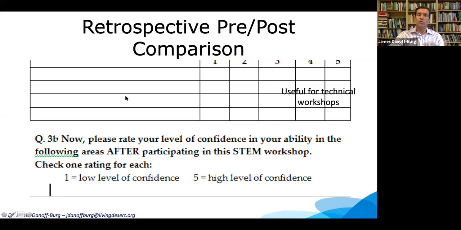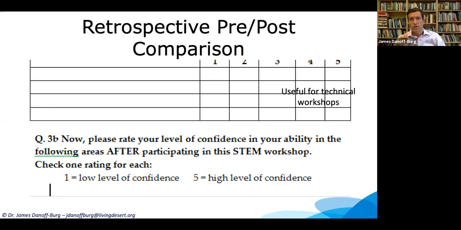So it's possible to ask lots of questions in this retrospective pre-post, as opposed to what most people do, which is if they have a training program, they ask people about the field or topic to understand their knowledge or comfort before the training, and then ask again afterwards in the post. And then ideally you find that gain.